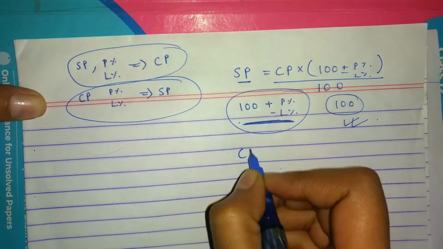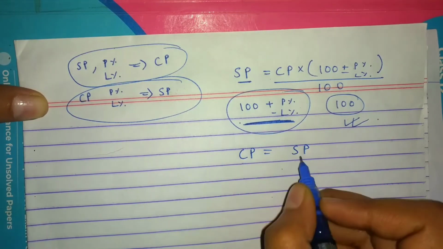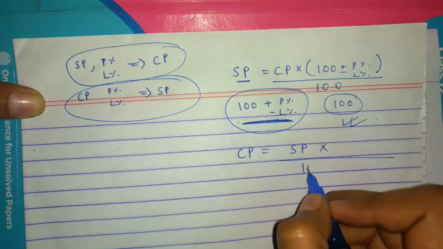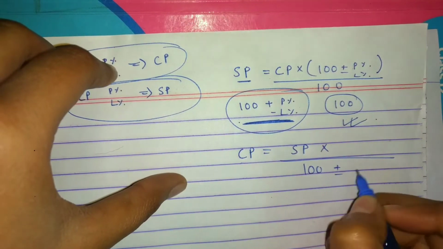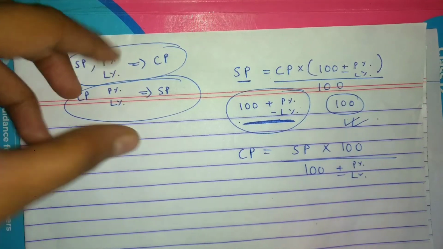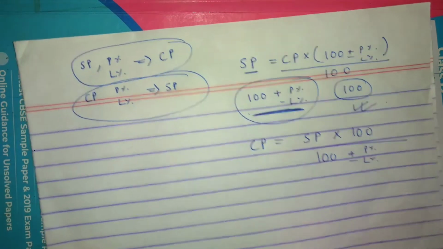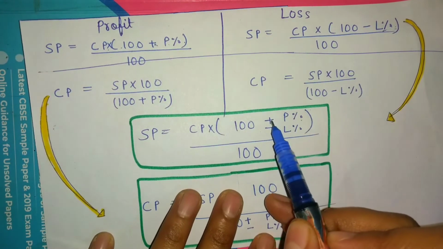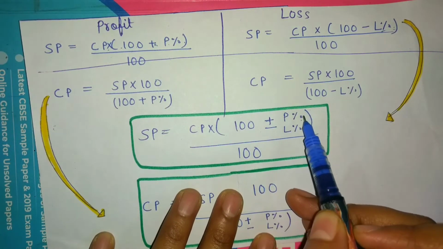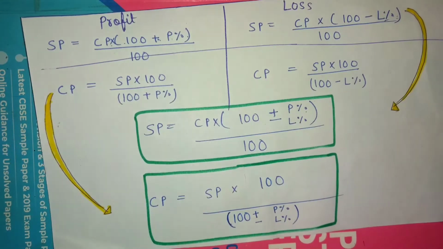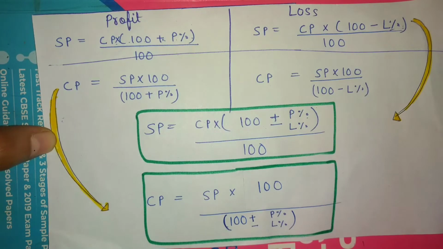And for CP, you have to write CP is equal to SP, and in the denominator you have to write this longer term. Okay, so this is the trick. If it is profit, you write plus P percent, and if it is loss, you write minus loss percent. You can see the formula as well.